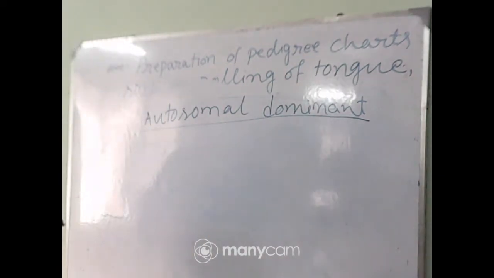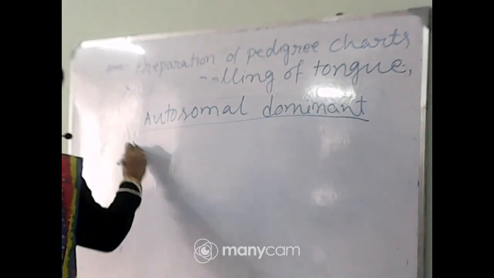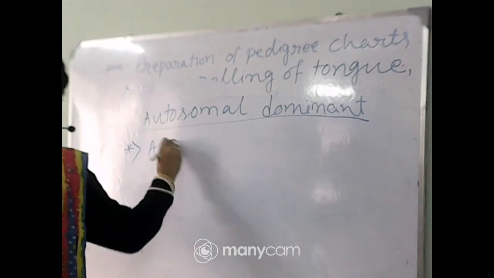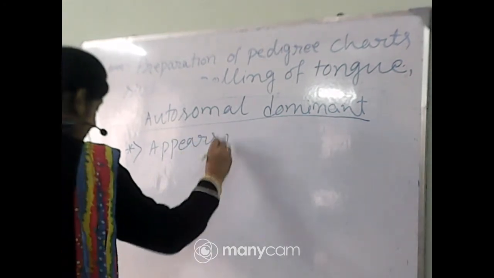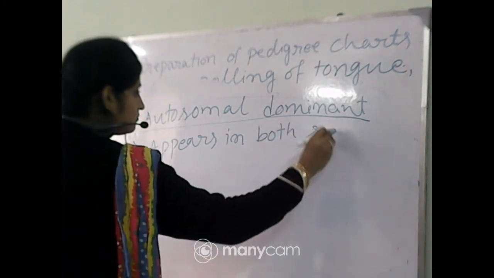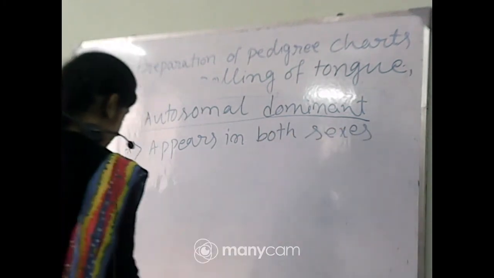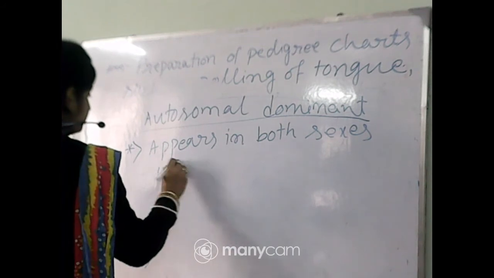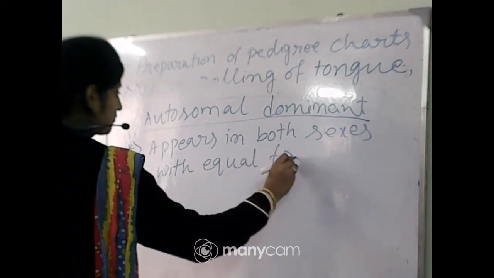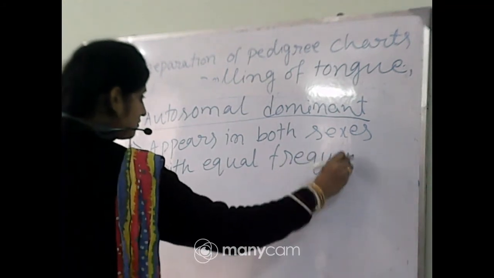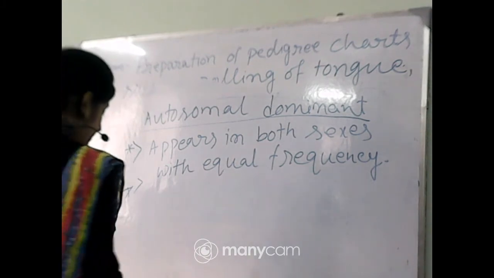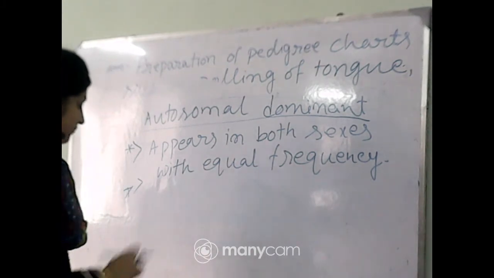Okay, so the first one: appears in both sexes with equal frequency. Second characteristic: affected children must have affected parents.